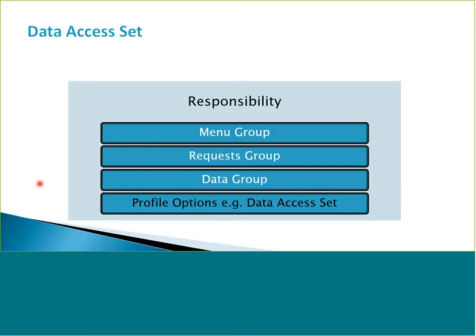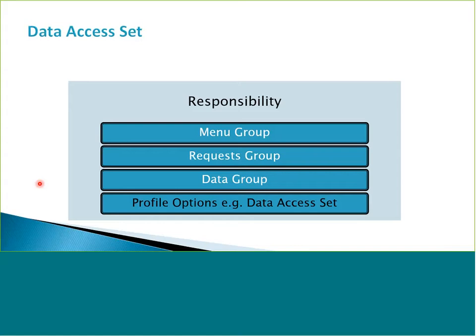So when we create a responsibility, there are three things that we usually provide or specify. That is the menu group, which controls the options that we see once we access that responsibility, the menu options that are available to that particular user. There is the request group, which dictates what requests that responsibility is able to run.